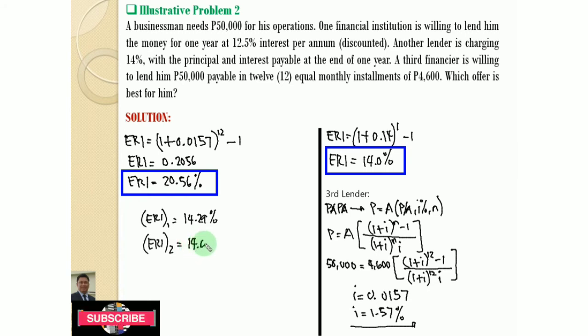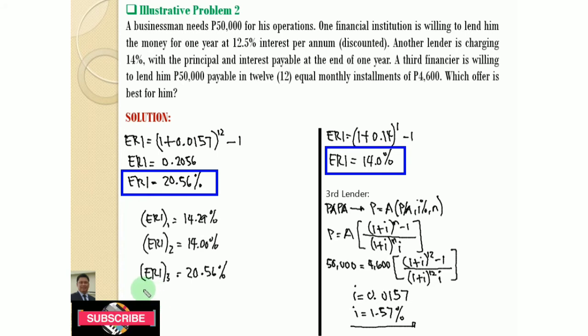Okay. And for our ERI 3, referring now to our third lender, which is equal now to 20.56%. So according now to the principle of the engineering economy, the lowest ERI will be now the best offer.